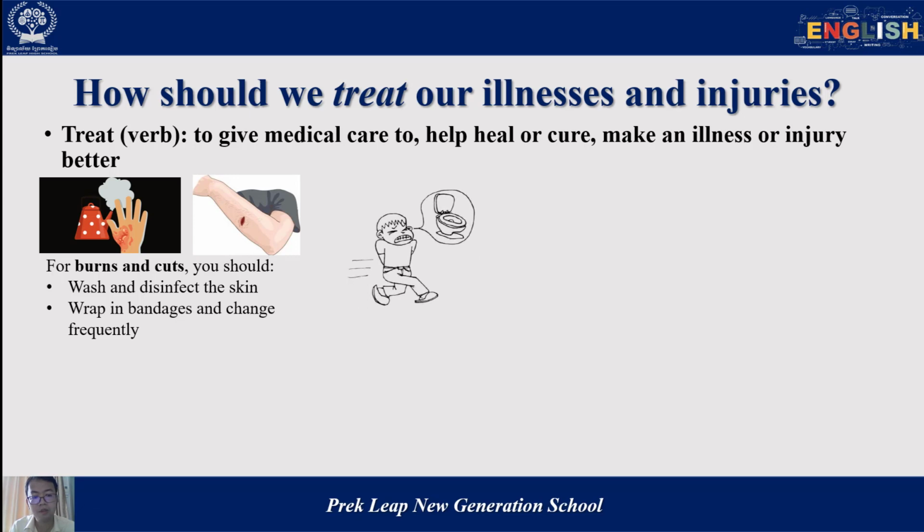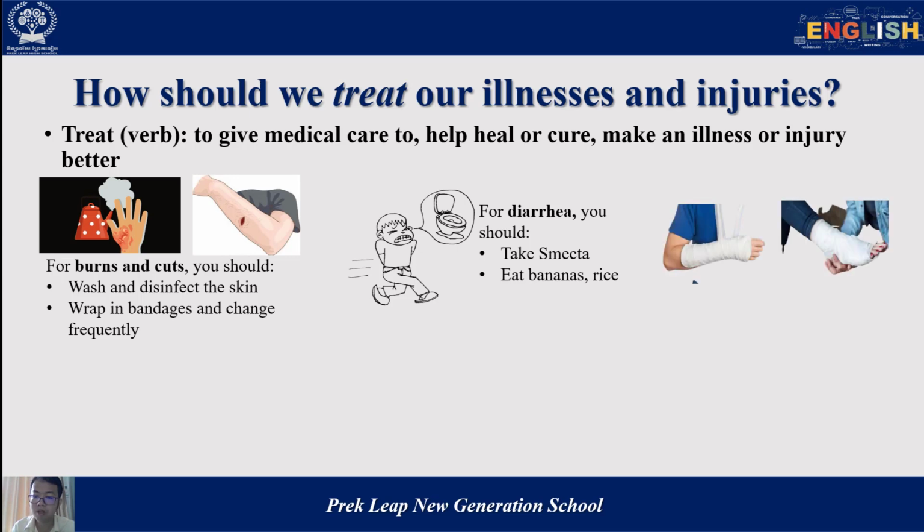And what about if you got diarrhea? What should you do? Yeah, you should take Smecta. Smecta works so well with diarrhea. And then eat bananas and rice. Yeah. And if you have a broken bone, broken arm or sprained ankle, what should you do?